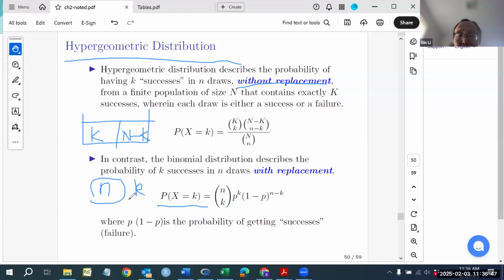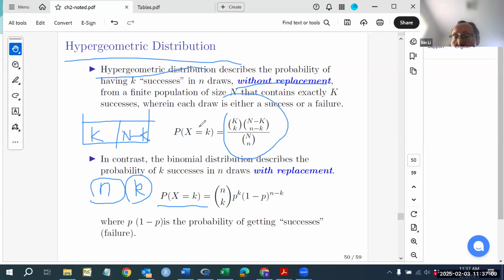So what is the chance of getting that number of successes or red balls from the n draws without replacement? The probability based on that distribution is called hypergeometric.